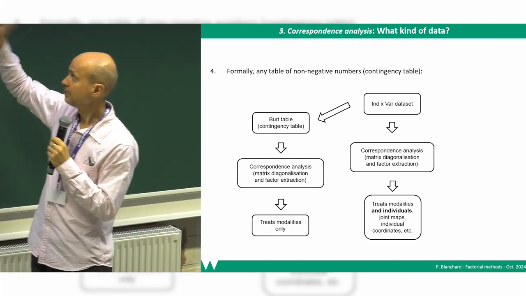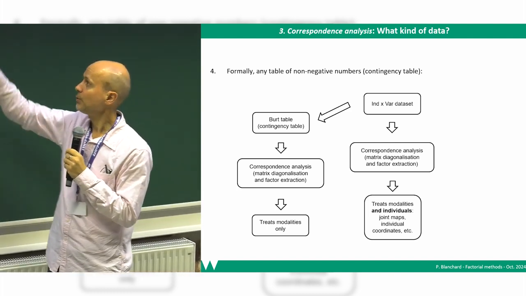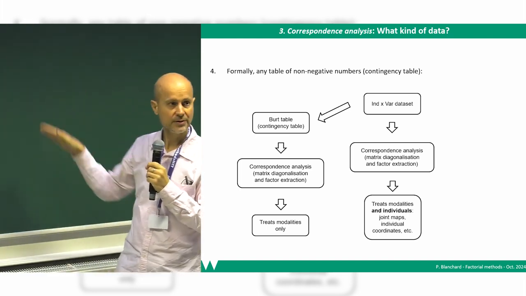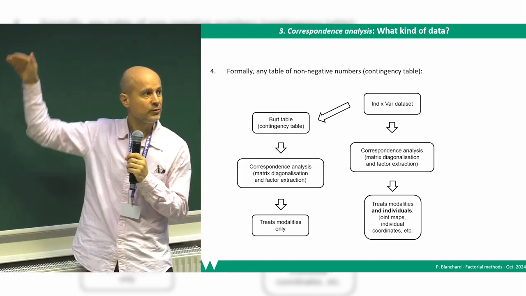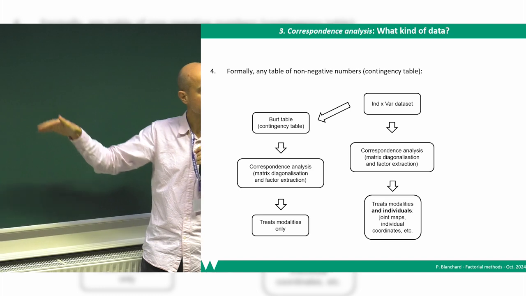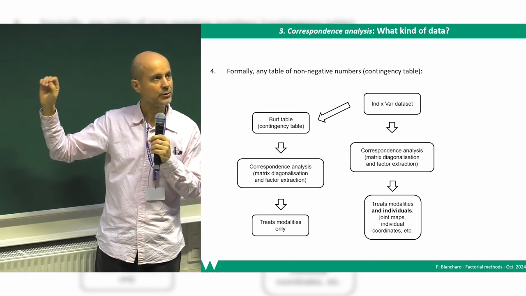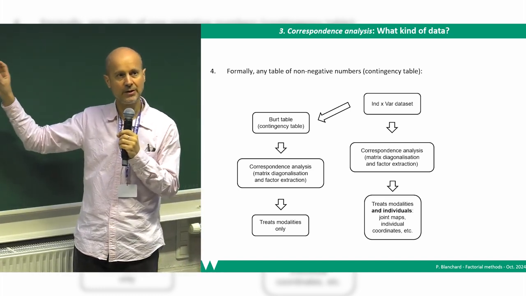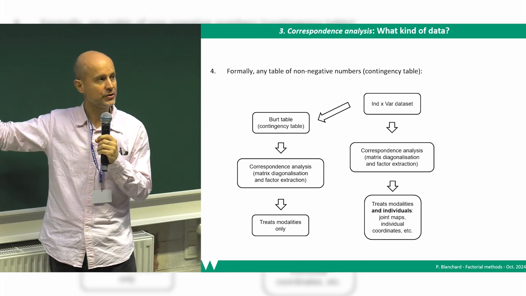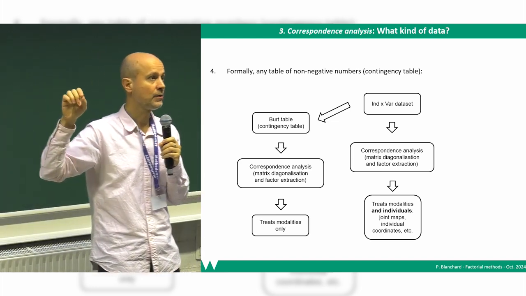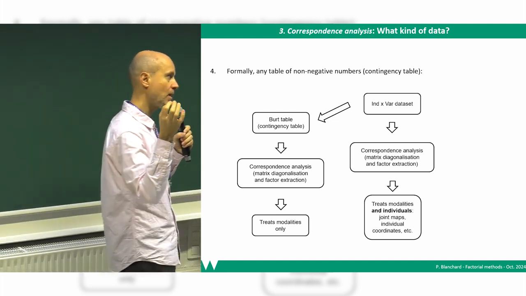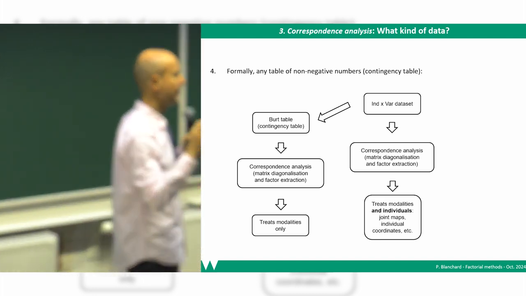You have this on a wall, and then you cut all the columns and cut all the lines, and you try to move your rows and your columns in order to get together the largest values, the largest cross-category groups.